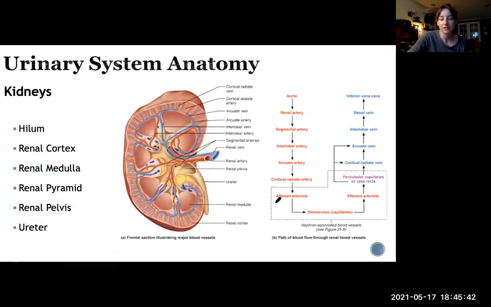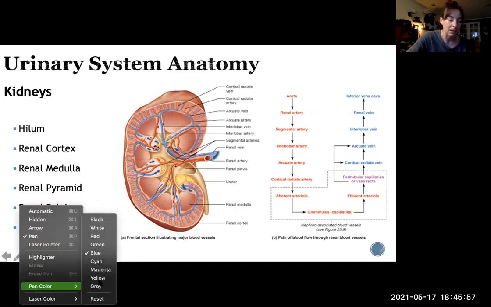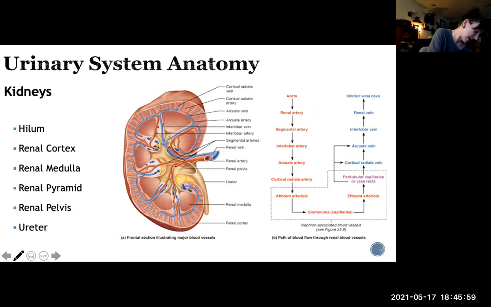All right, so this is basically saying the same thing, but with a different image so that you can see in a slightly different style the same exact thing. Okay, so once again, the hilum being the region right here where the major vessels and tubes exit and enter the kidney.